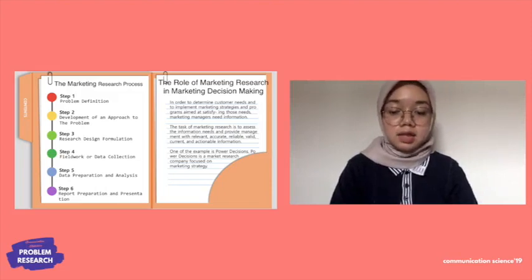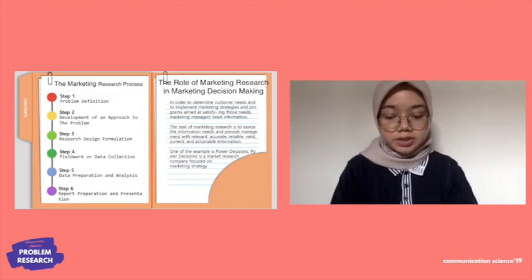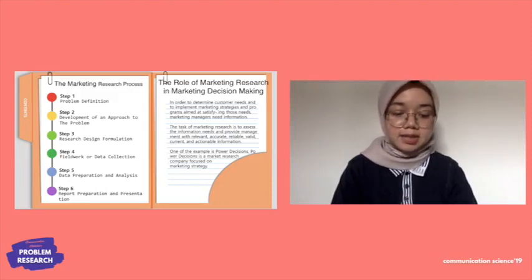Step 2. Development of an approach to the problem. Development of an approach to the problem includes formulating an objective or theoretical framework, analytical models, research questions, and hypotheses, and identifying the information needed. Step 3. Research design formulation.